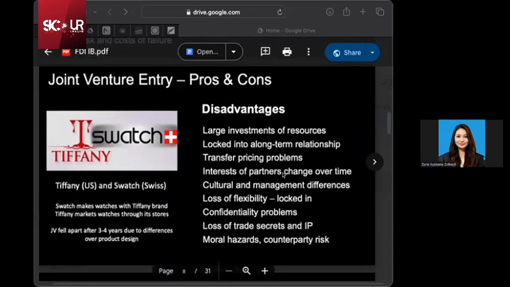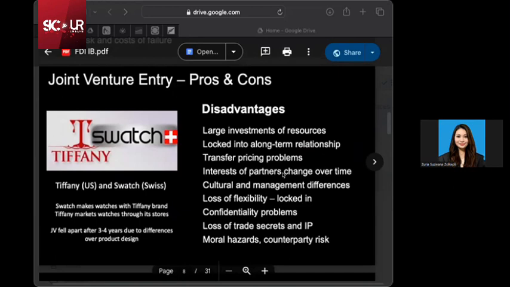So the disadvantage here is, even though it is less costly, it is still a large investment of resources. And then when you join a joint venture entry, you are locked into a long-term relationship.